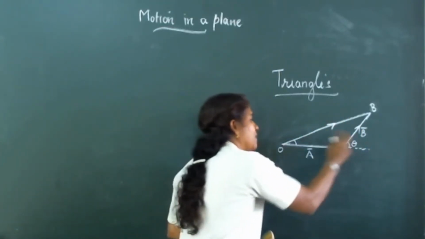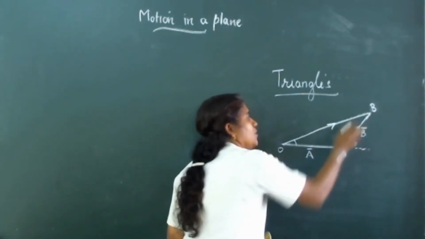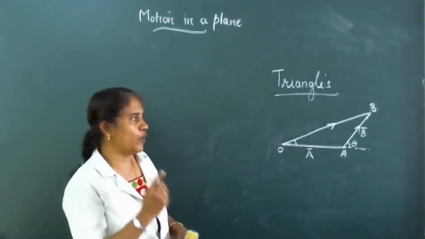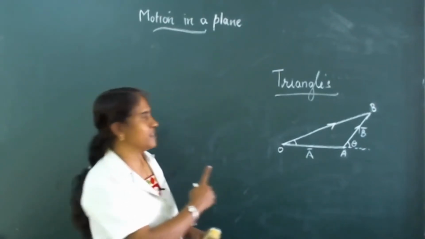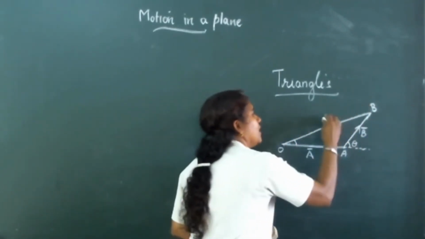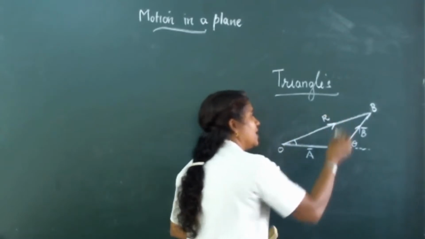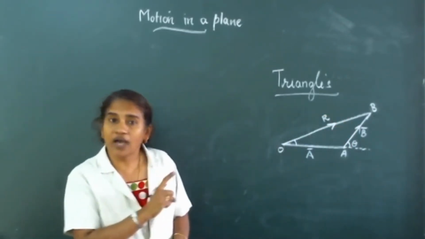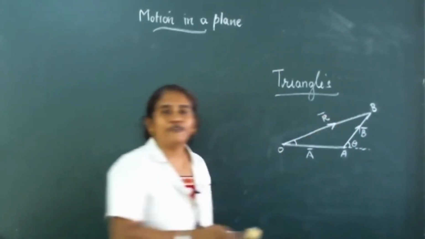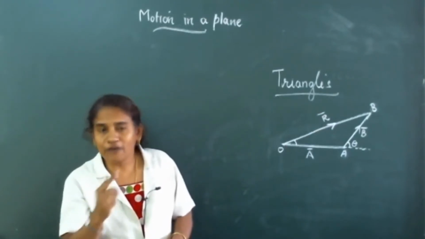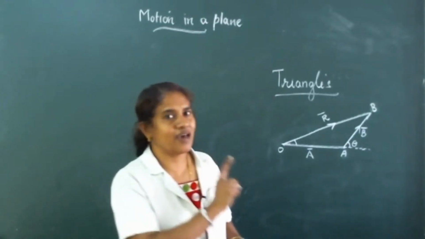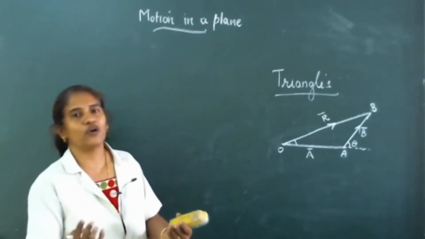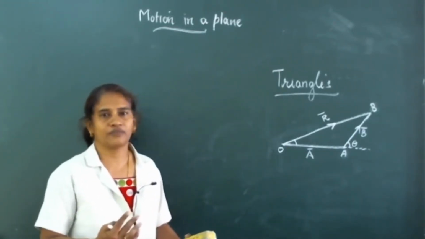We kept A and B as the two continuous sides of triangle OAB. Then as per the statement we have studied, let OB be R. That means R is the magnitude of the sum of A and B. After adding A and B we get R. So now we are going to find out the value of R.